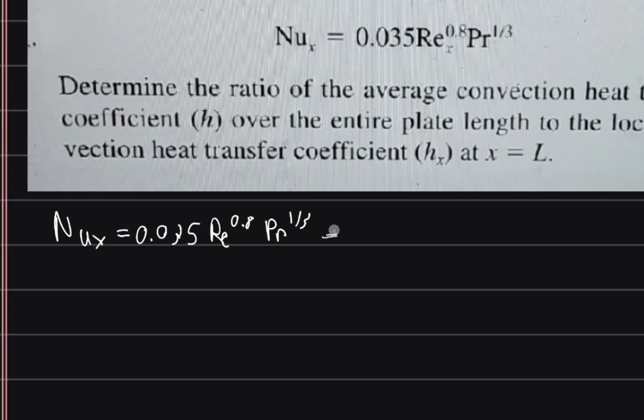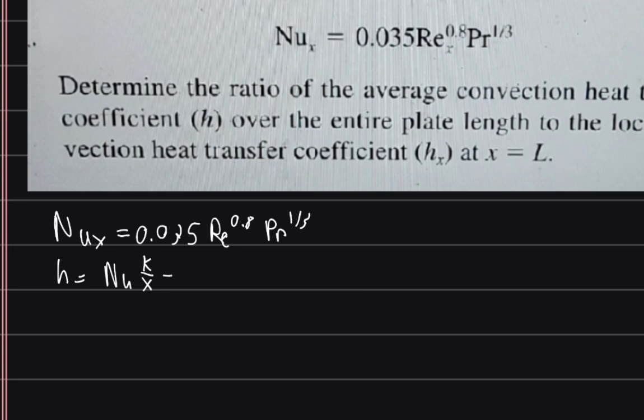So we really care about h. So h is the Nusselt number times k over x.